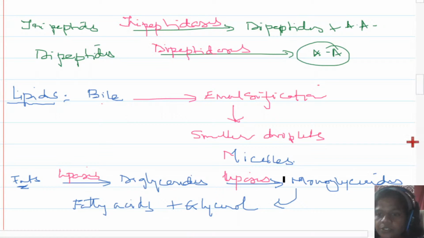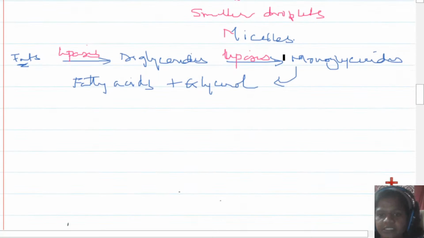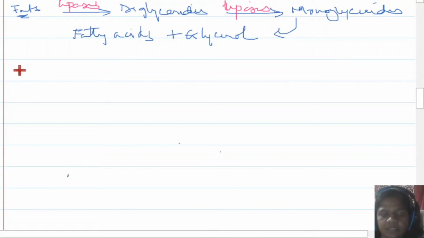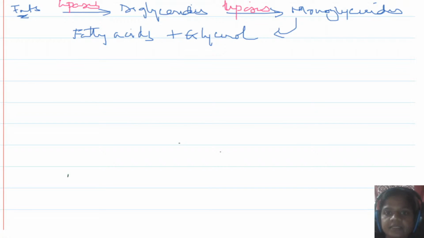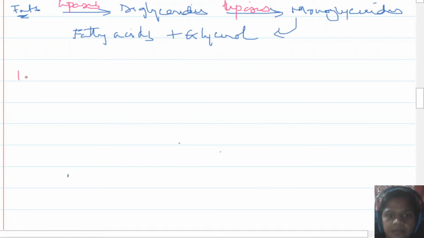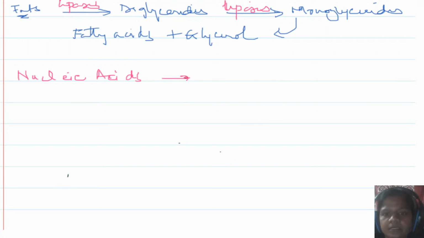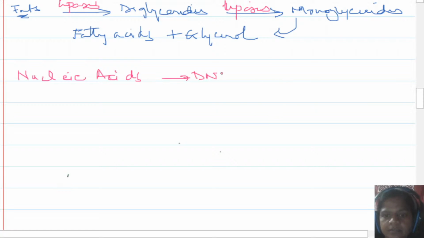Now there are also nucleic acids present, right, in the cells, in the nucleus. In the nucleus, we find the nucleic acids, right? What are the nucleic acids? They are the DNA and the RNA.